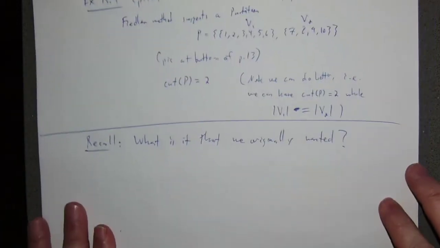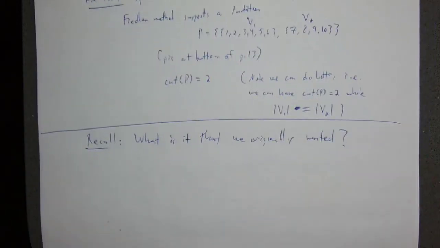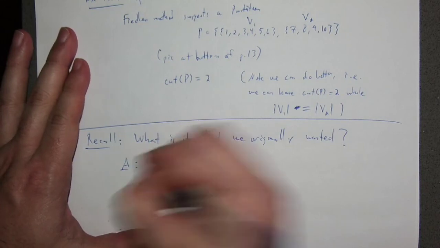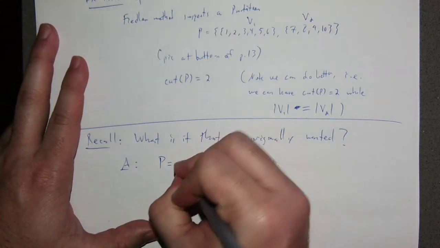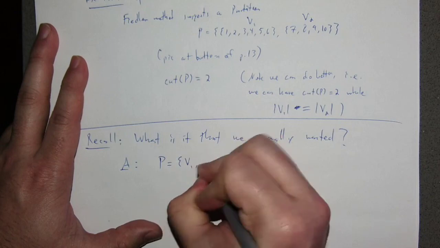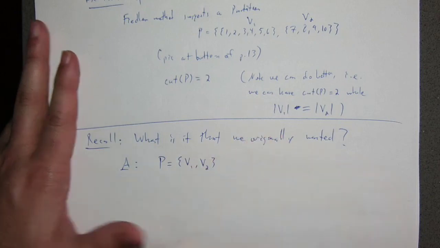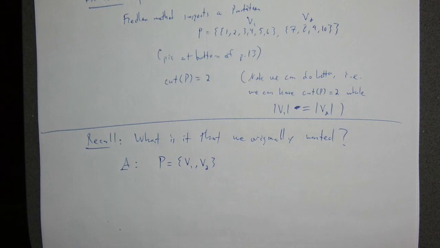Okay, so what is it that we originally wanted out of this? The thing that we actually originally said that we wanted was a partition P, and a partition by definition was made up of 2 subsets, V1 and V2.